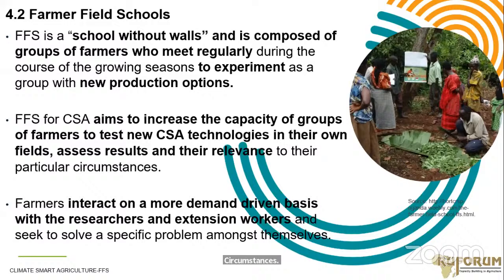So they conduct their own tests, their own experiments with various options at their disposal, and are able to evaluate this by themselves and make informed decisions. So they interact more or less on a demand-driven basis with researchers and extension workers, especially when they need help, because they will definitely have questions to ask as they try various options.